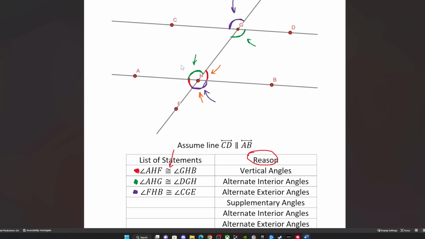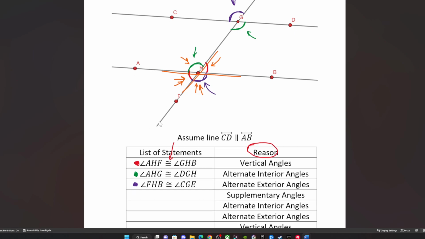You can take the green and the red, and they would be supplementary angles. You can take this red one again and this purple again, and these two would also be supplementary. So they just have to make up a straight line in either direction. All right, so that would be for supplementary.